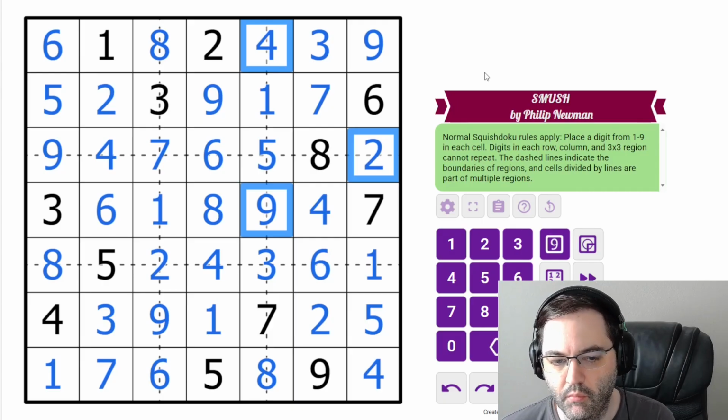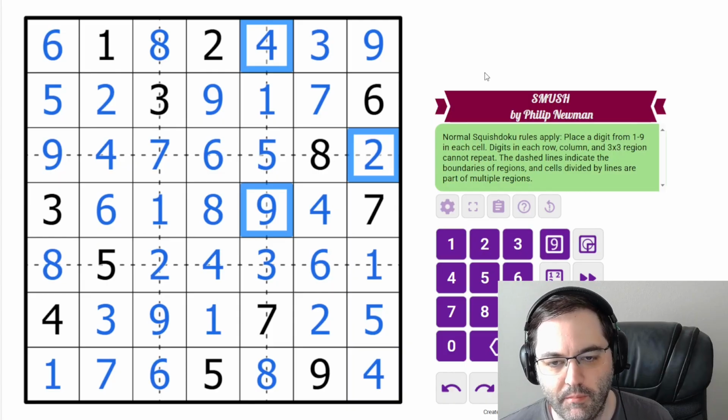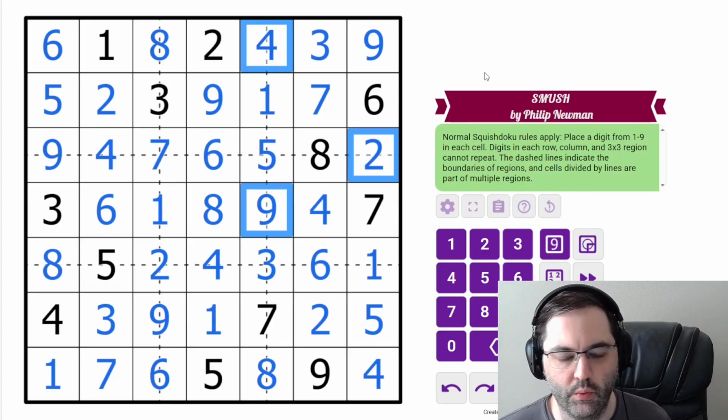If you end up doing more Squishdoku, and I don't know how many of these have been made even, I know somebody's been posting them because it came up, but keep things like that in mind. This is a useful trick for all sorts of interesting variants with global constraints. Cells that see each other in weird ways.